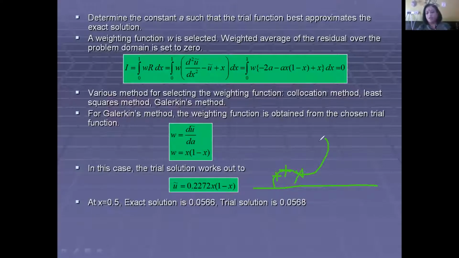Let us say this is not the function, but the residual, that is, the difference of the function from the exact function. So let's say this is r, and every point in r is going to be weighted by a weight function w. Having done that, I am going to take the weighted average of this residual, and I am going to make this integral come to 0. This is what I want to do.